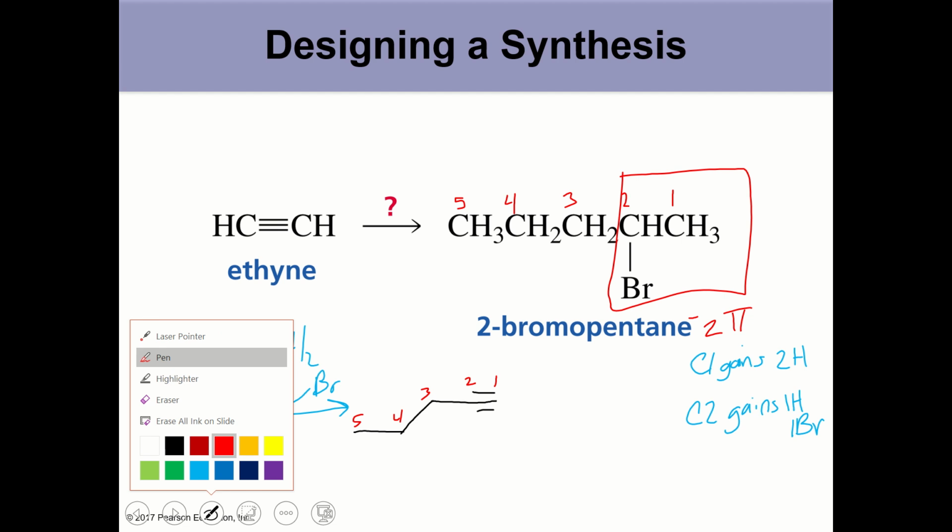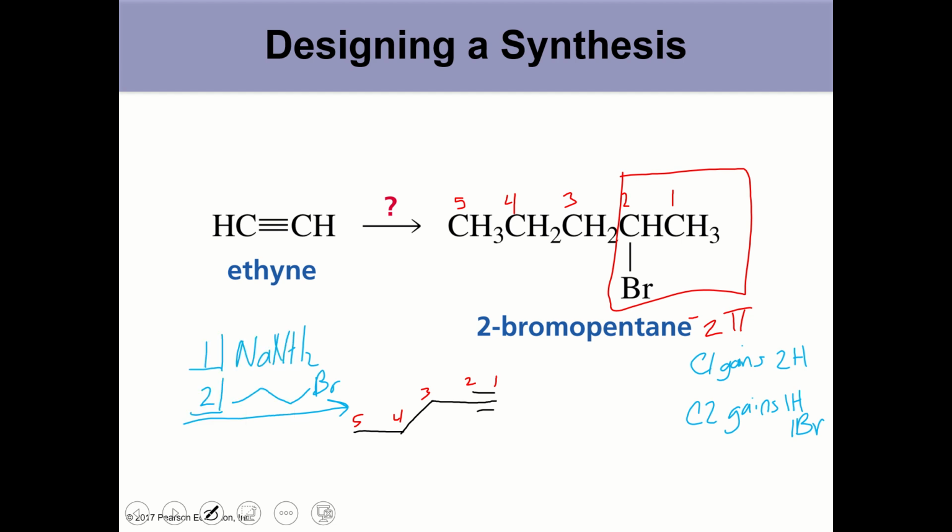So the options are that I could first make the alkene, and then from the alkene, add HBr. So I could treat with Lindlar's catalyst and H2, and that would give me the 5-carbon alkene.